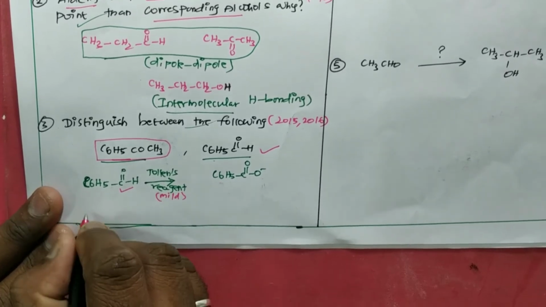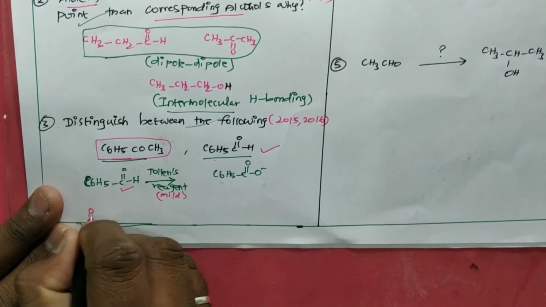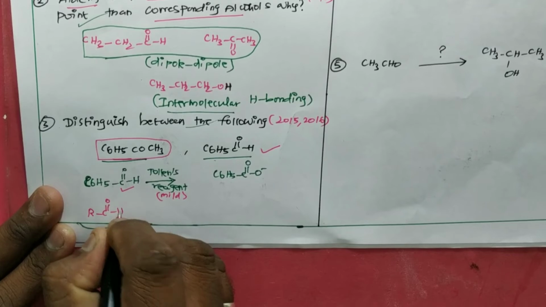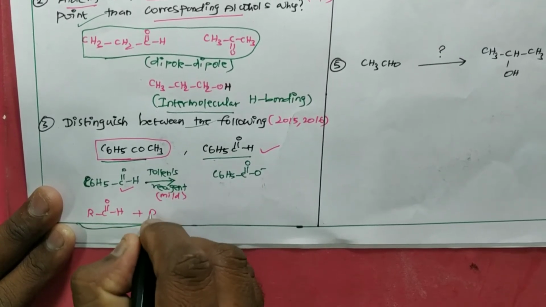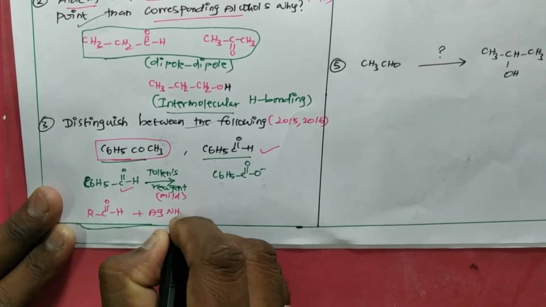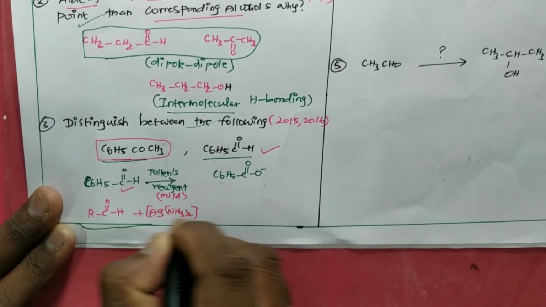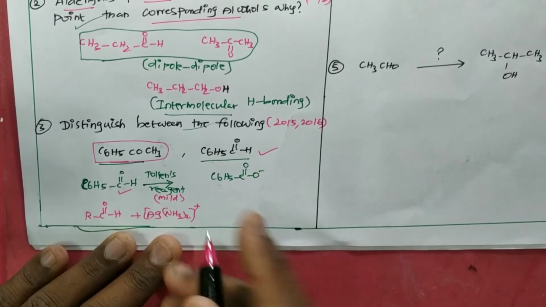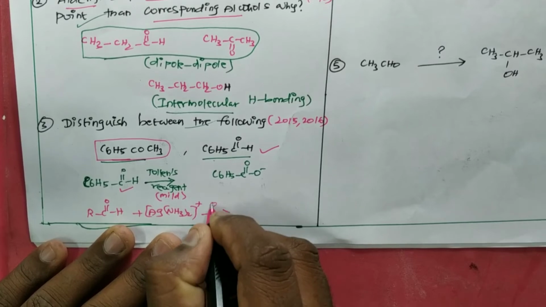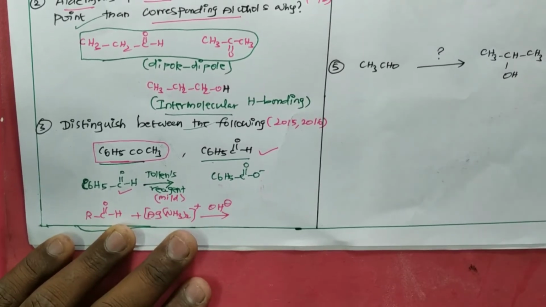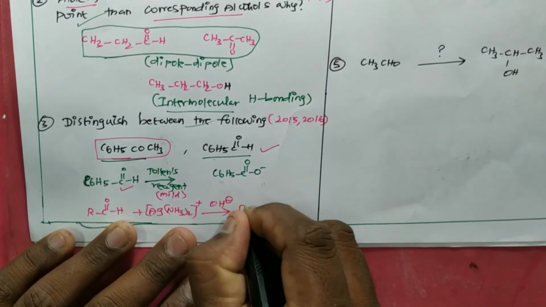Say for example, I am taking an aldehyde, with the general formula RC double bond O-H. Along with that, I am taking Ag(NH3)2 plus. This is nothing but Tollens reagent. In the presence of a base only, this reaction will take place. So what products will I get?